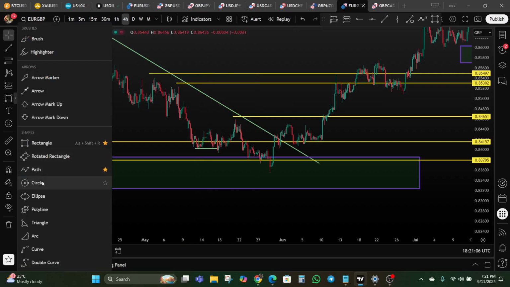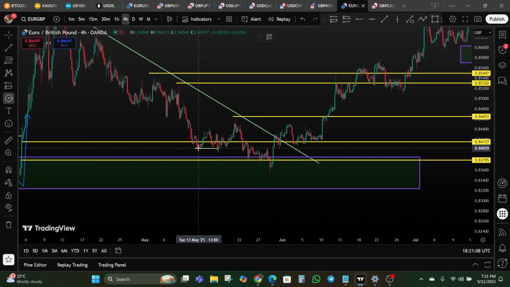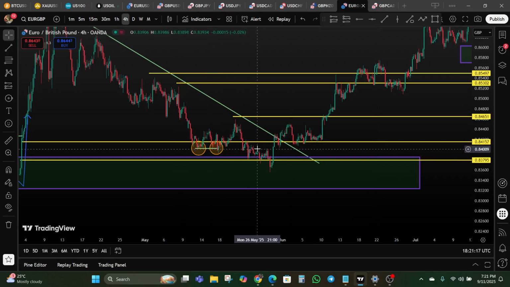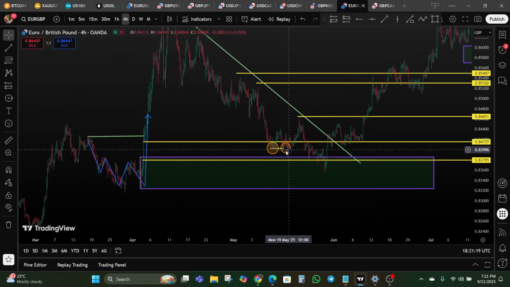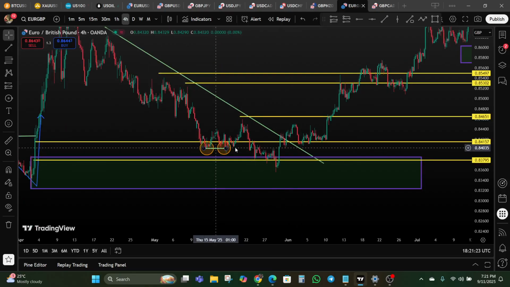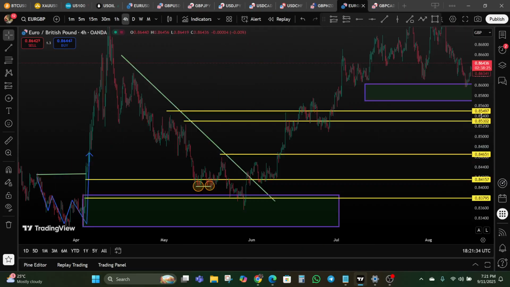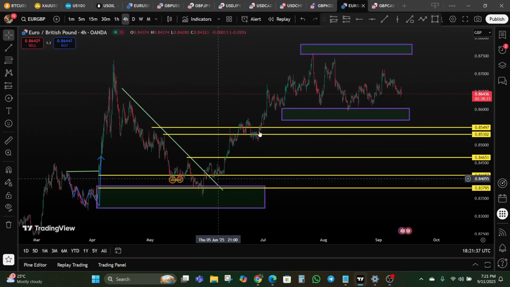But you can see that there was some liquidity to be grabbed around here. And you see that when price came to this zone, it actually went below this level. Some traders might have been thinking that price was going to reverse around here, right? But guess what? Price grabbed liquidity below this level, tapped into this other block, filled this fair value gap, and reversed to the upside. This was a serious upward move, right?